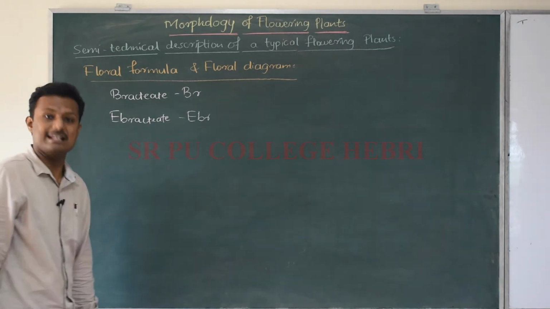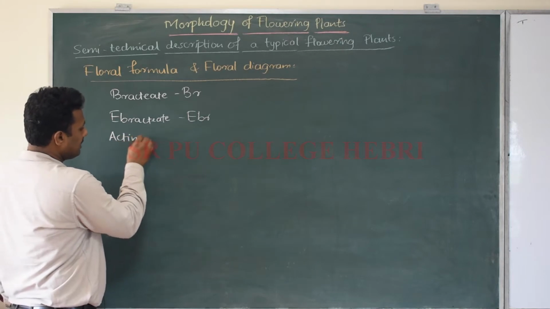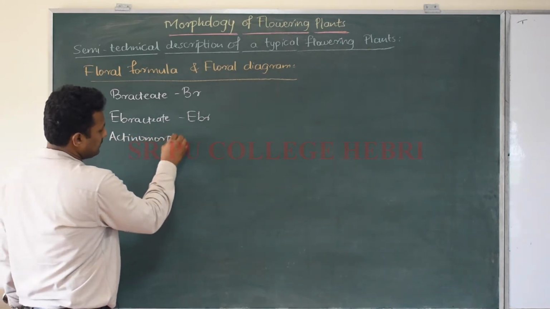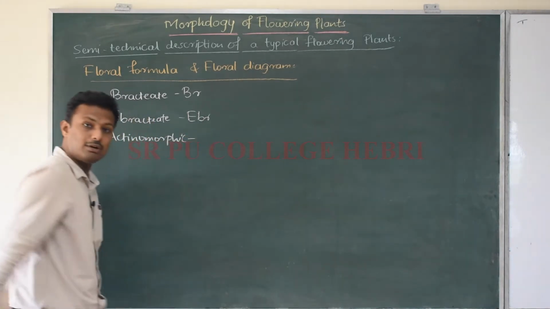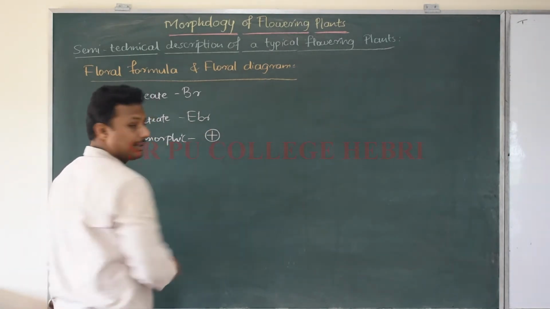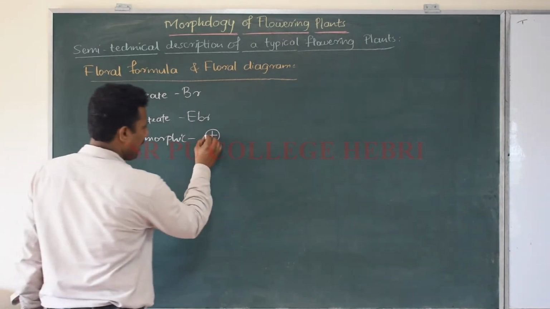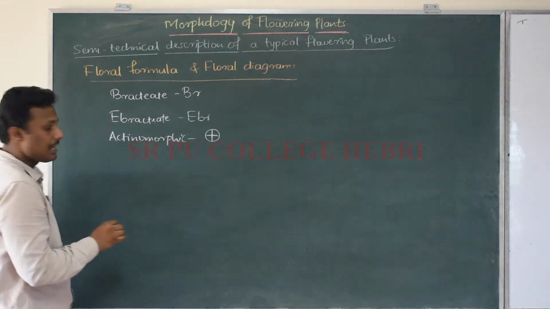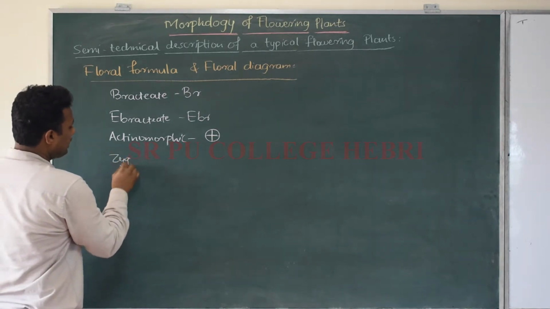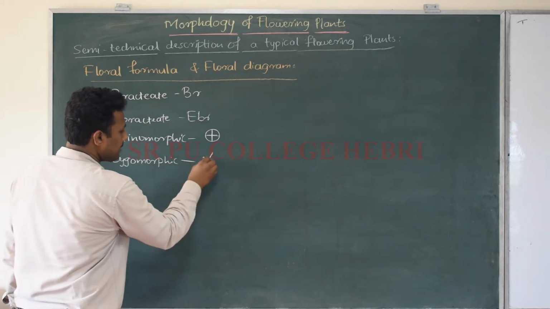If the flower is actinomorphic, you know actinomorphic, zygomorphic? Actinomorphic. So, the actinomorphic symbol is like this, just one plus and a circle around it. Okay, this is the symbol for actinomorphic symmetry of the flower. And similarly, for zygomorphic symmetry, we are going to make use of the percentage symbol.